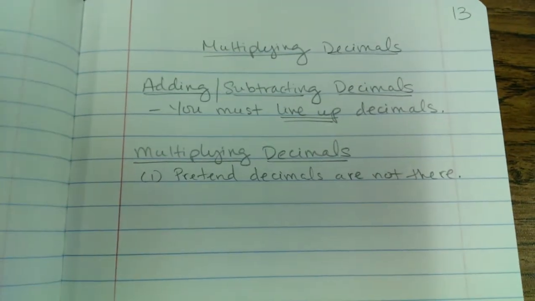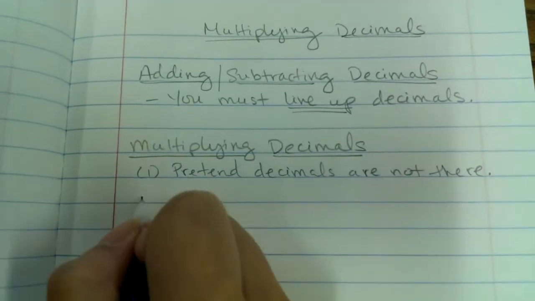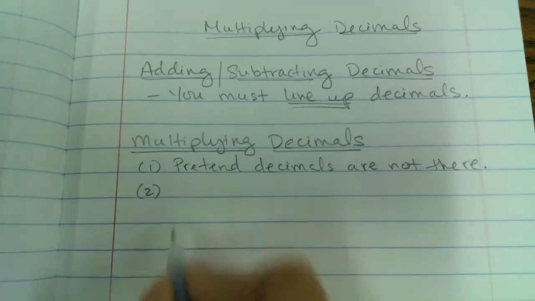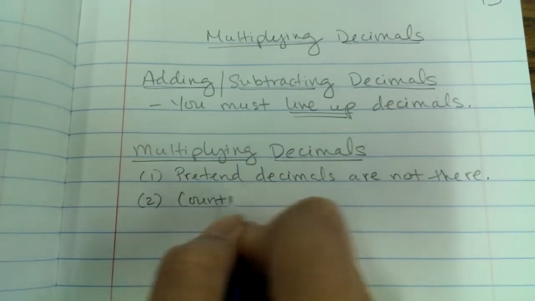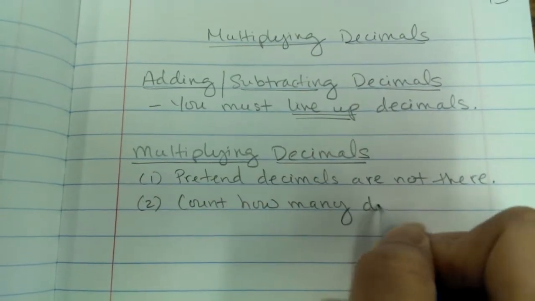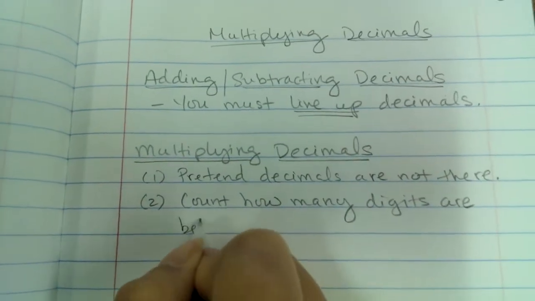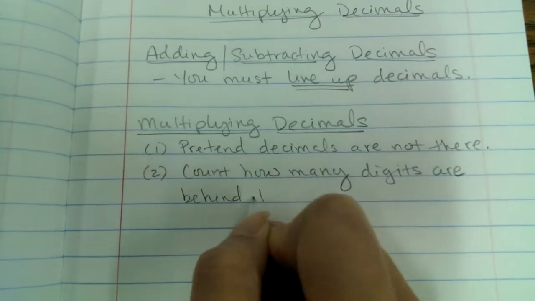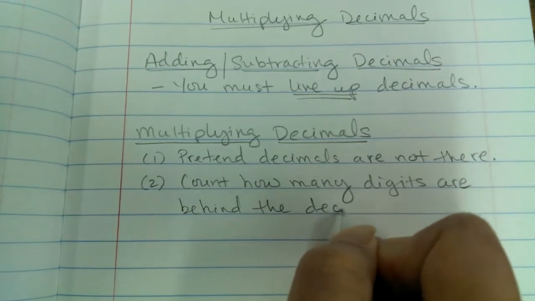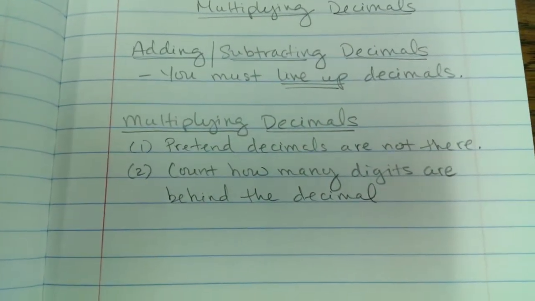Then you multiply like you usually would. And then the second step is you put the decimals back in. You have to count how many digits are behind the decimal, and that's where you put your decimal in your answer.